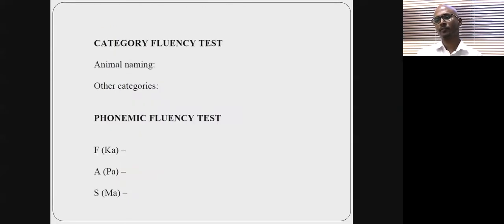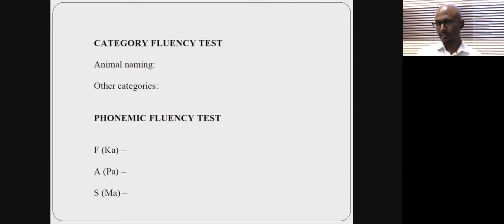Coming to fluency. An easy way to understand fluency is by the number of words a person can speak when you assess their spontaneous speech. There are two formal ways of testing it. One is called the category fluency test, where we ask them to name animals, and if they're not familiar with animals, you can ask them to name vegetables or any other categories that they're familiar with.